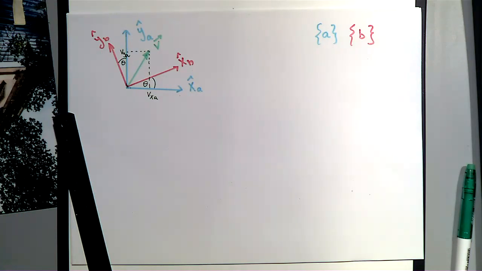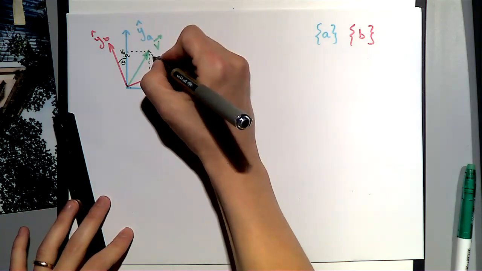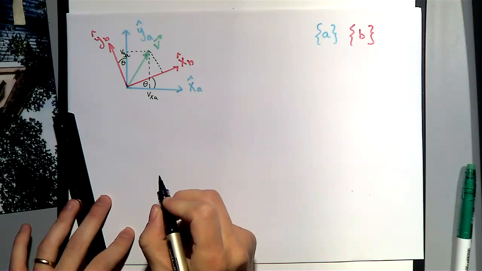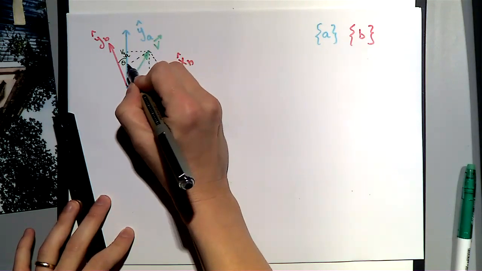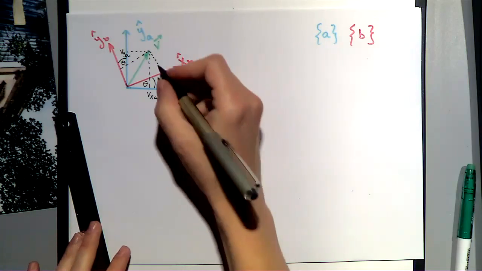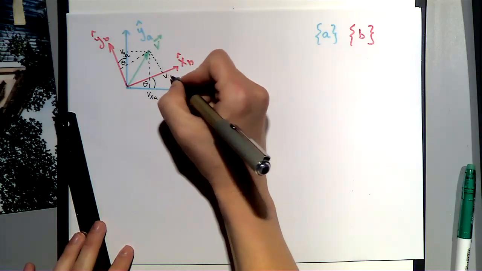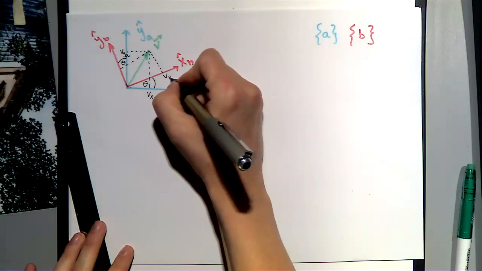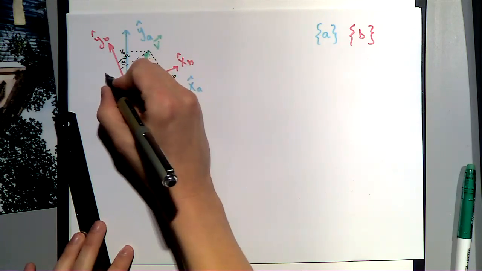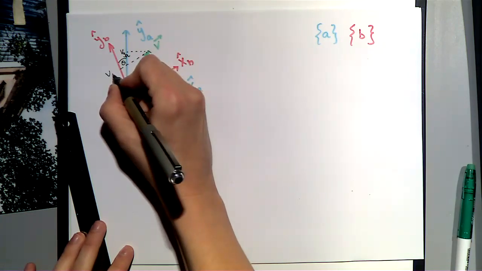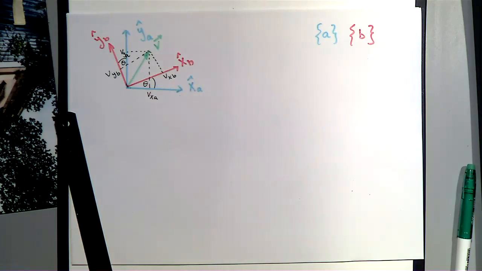Or alternatively, I can project this same vector V onto the axes of frame B, so that this is Vxb and Vyb. Okay?